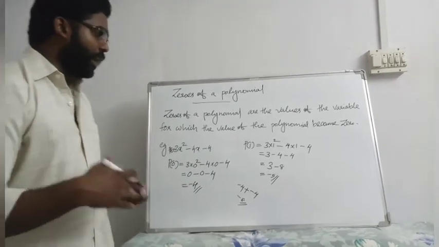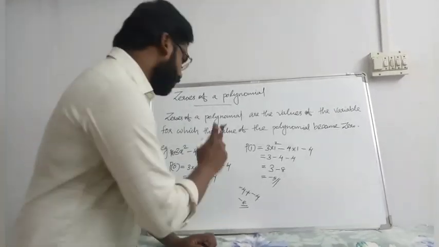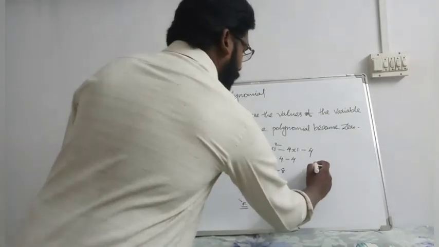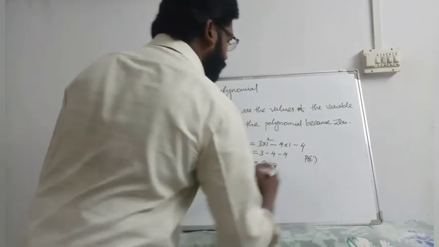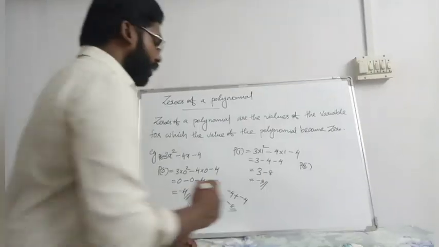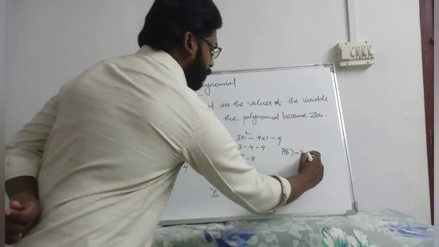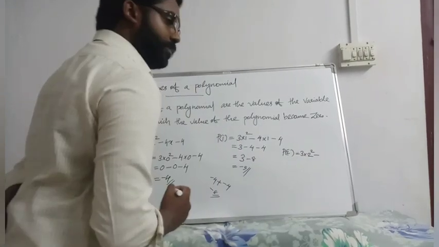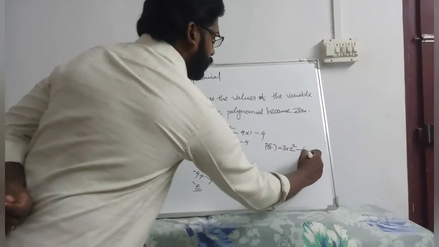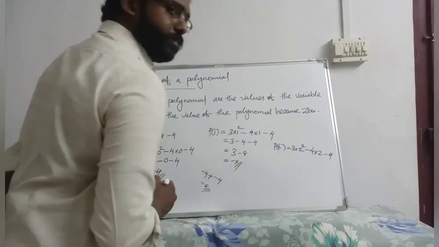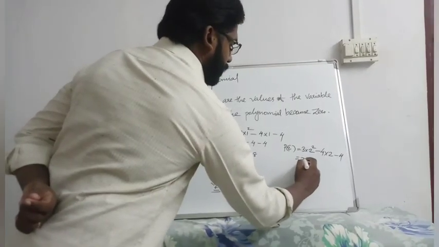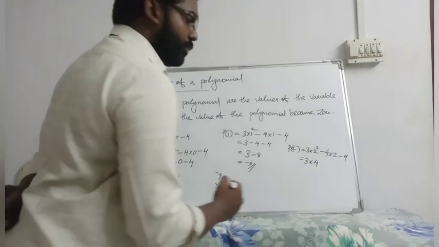Next we check another value, p of 2. 3 into 2 square minus 4 into 2 minus 4. 3 into 2 square, 3 into 4, 3 fours are 12.